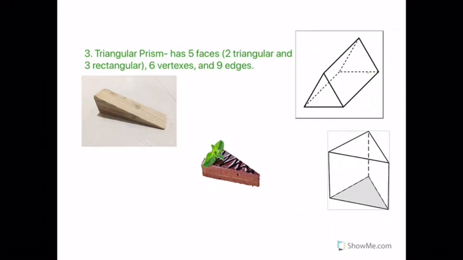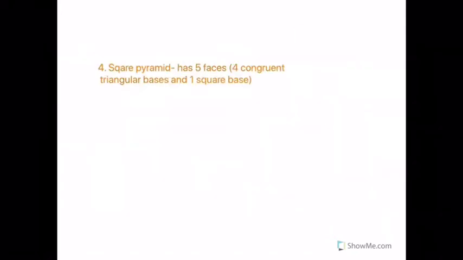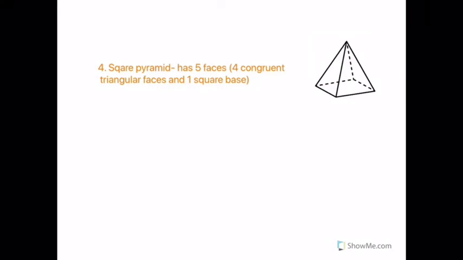Next, let's look at a square pyramid. A square pyramid has 5 faces. 4 of those faces or sides are congruent triangles. And then that 5th face is a square base. So here's a picture of one.